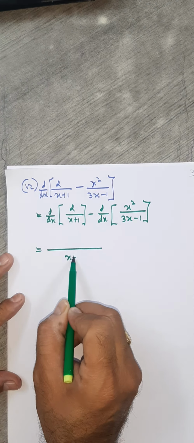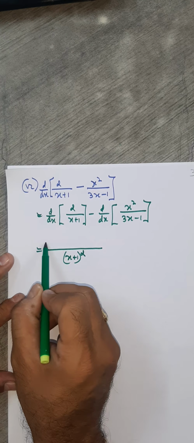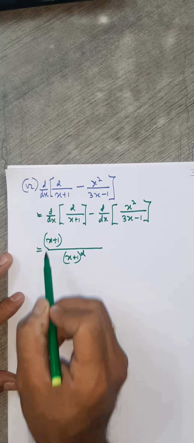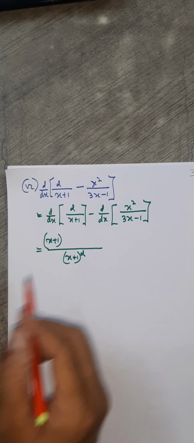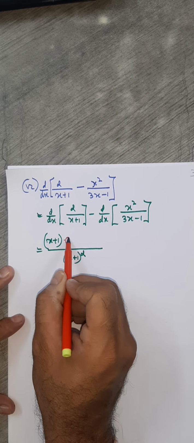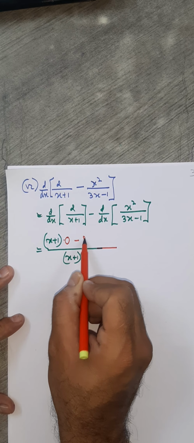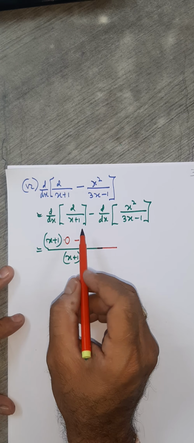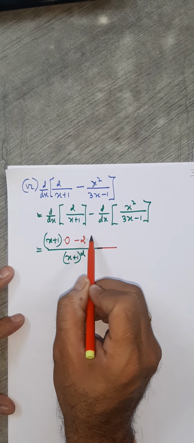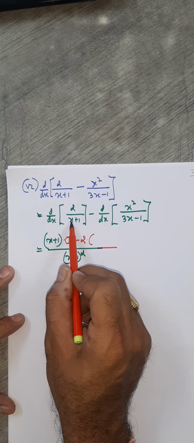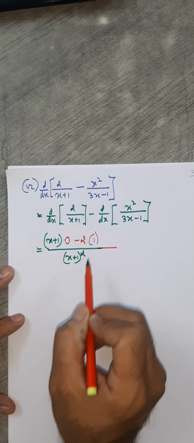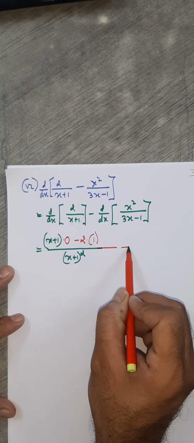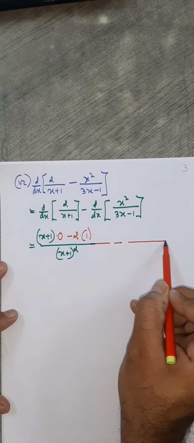Square the denominator function. Here x plus 1 as it is. And now differentiation of 2, which is 0, constant alone, always minus sign. Now which one as it is? Over here 2 as it is, and differentiation of x plus 1, derivative of x is 1, 1 is 0, so we have just 2 minus, same thing here.